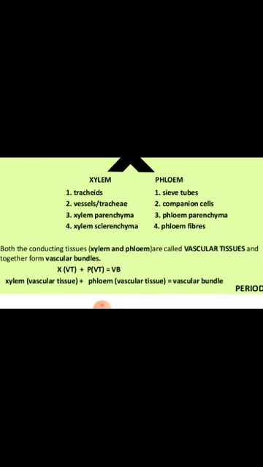Xylem and phloem work together, and they form the vascular bundles. X stands for xylem and P stands for phloem. So xylem vascular tissues and phloem vascular tissues together form the vascular bundles.